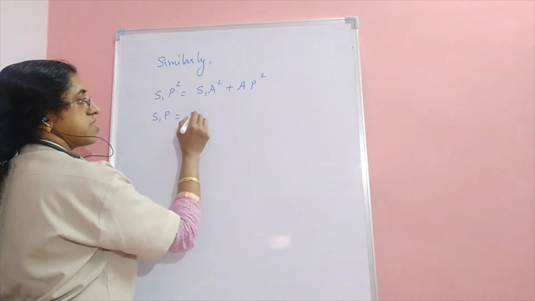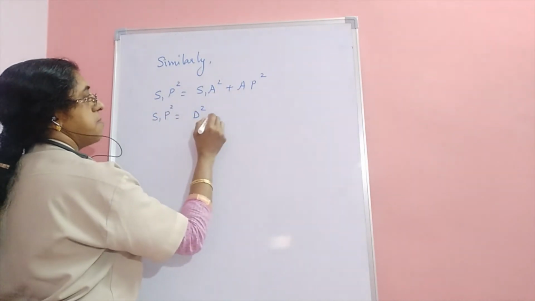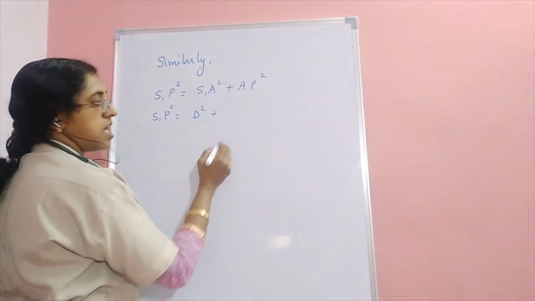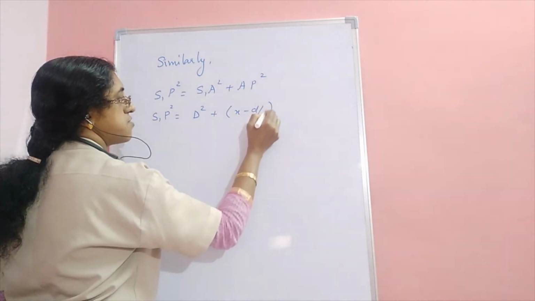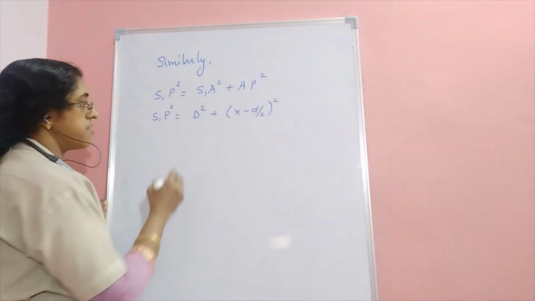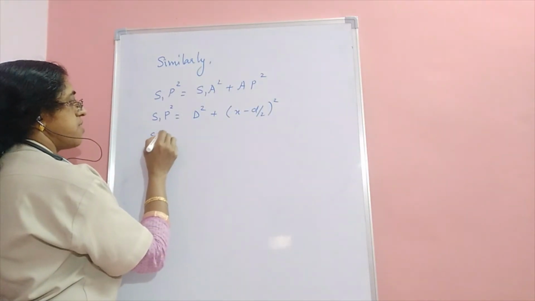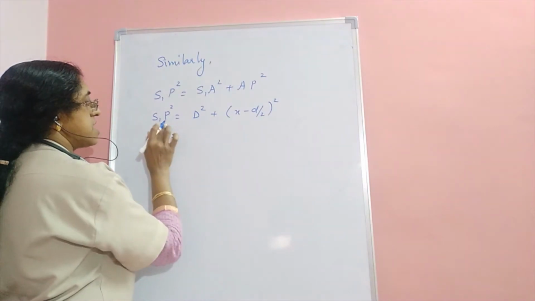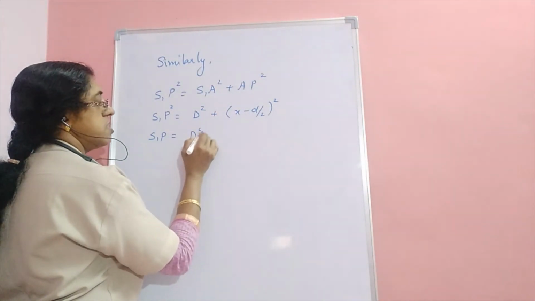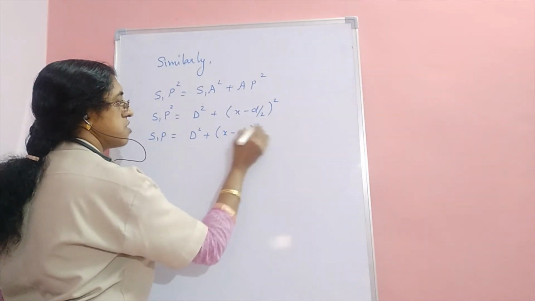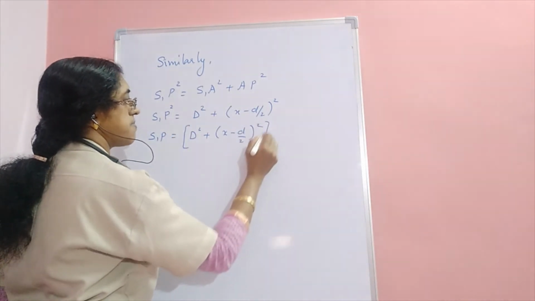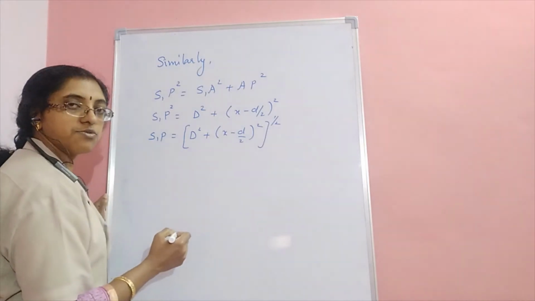S1A is D, and AP is x minus d by 2. So S1P equals D square plus x minus d by 2 the whole square, whole to the power of 1 upon 2.